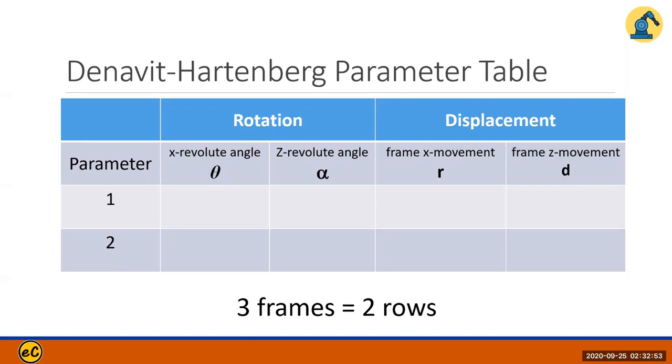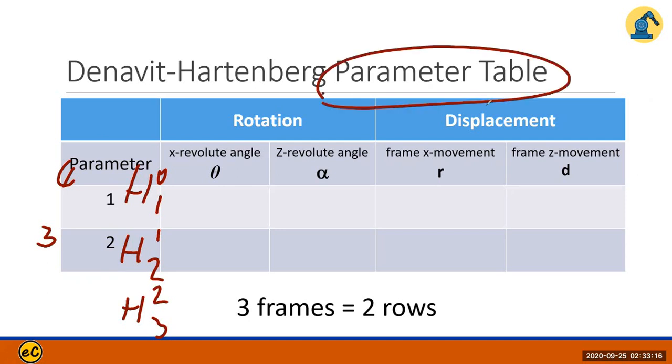It is used to model the so-called homogeneous transformation matrix. So basically, this one is H01, this one is H12, and then the third will be H23. So in total we have 4 frames and 3 lines in this table, and it will be used to generate 3 different matrices.